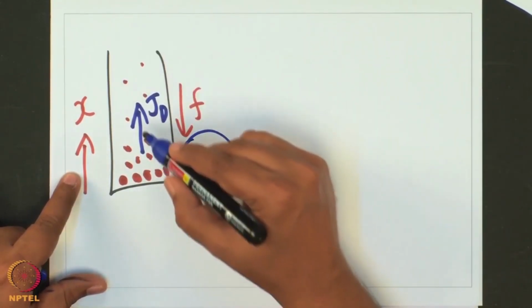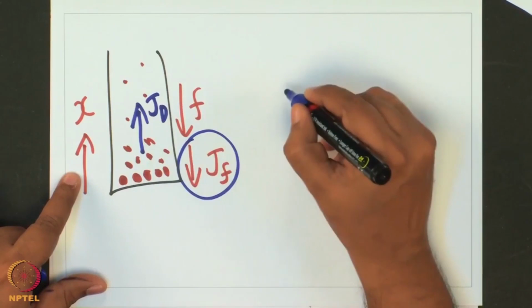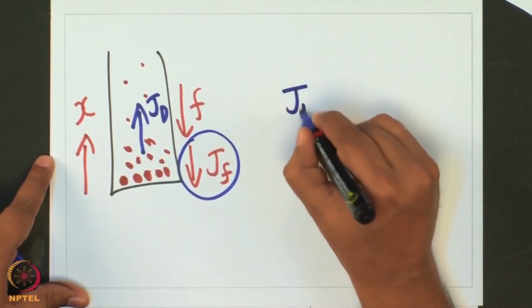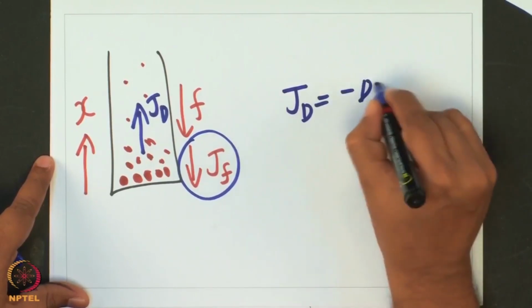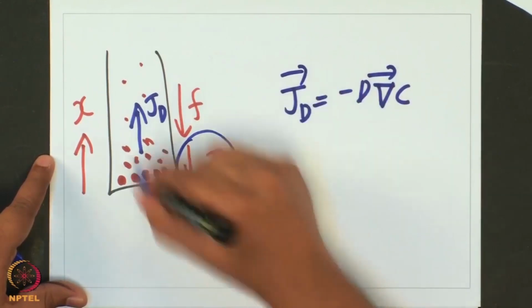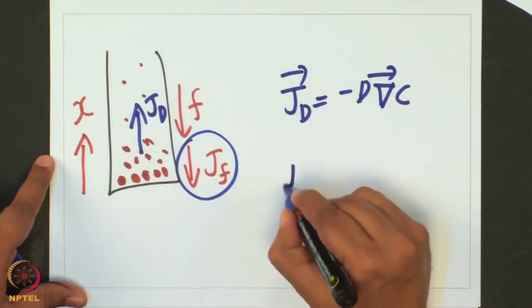So, what is the diffusive flow? The diffusive flow we know, which is written as Jd, which is minus D del C. So, let us imagine this is a one dimension x.